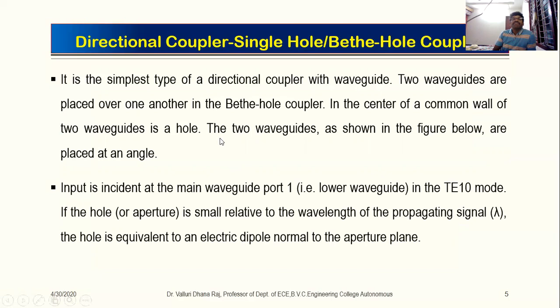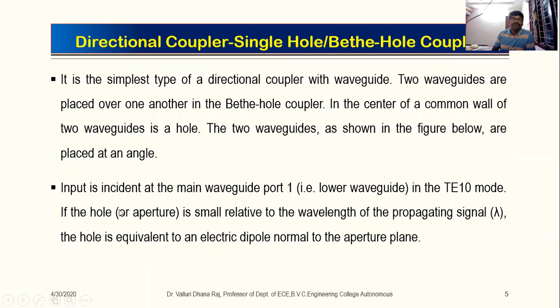In this single hole directional coupler, again primary and secondary waveguides will be there, and the primary waveguide will be given excitation, and a single hole in the common wall will act as an antenna or a radiator.